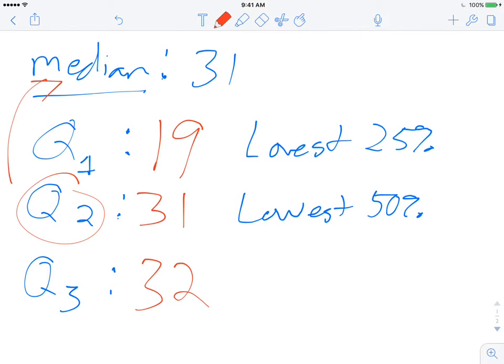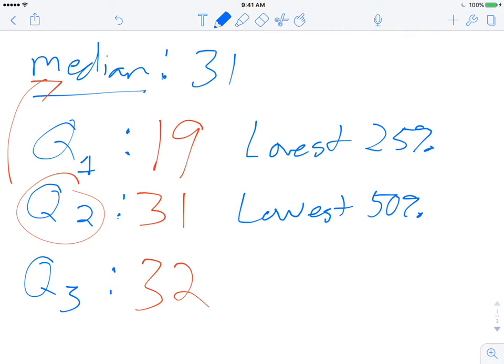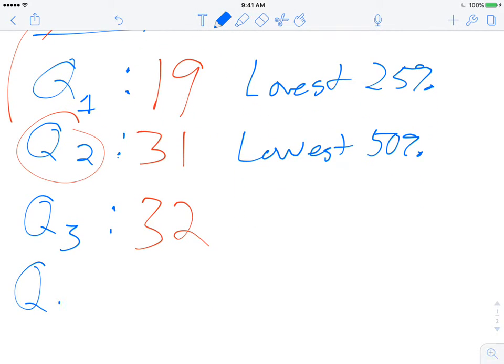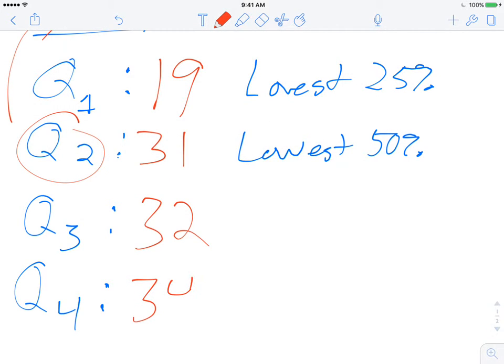Okay, so I have my quartile 1, my quartile 2, my quartile 3, and then quartile 4. Q4 is the highest number you have in your data set, which in our case is 34.